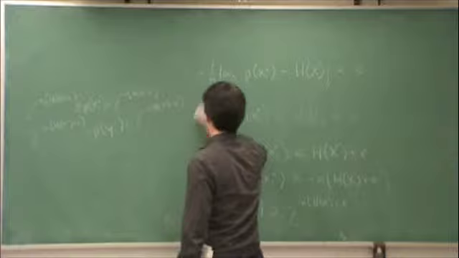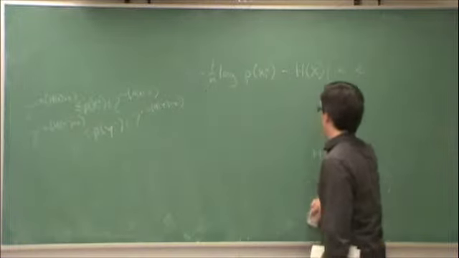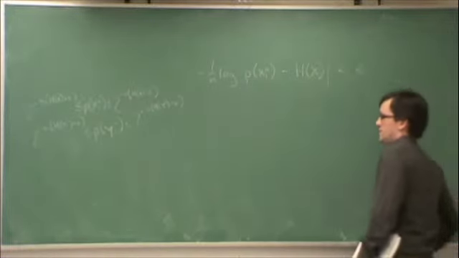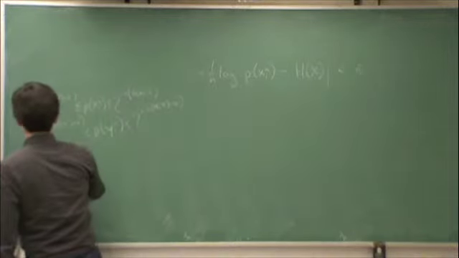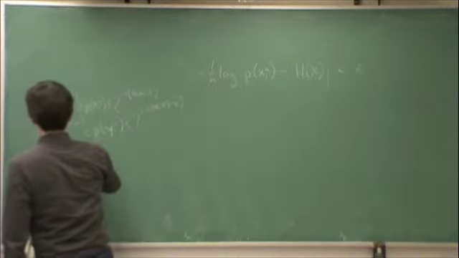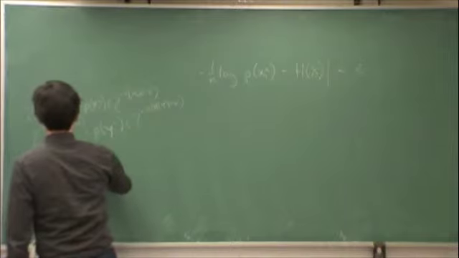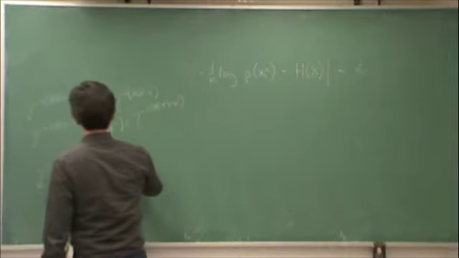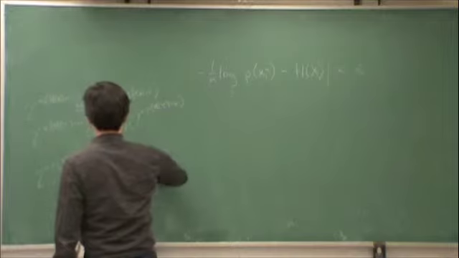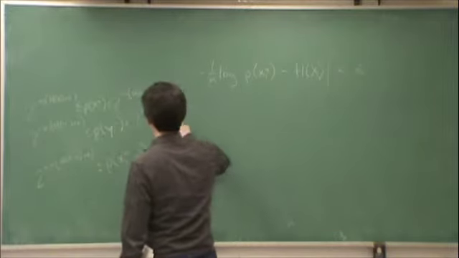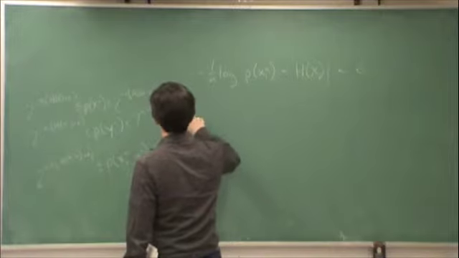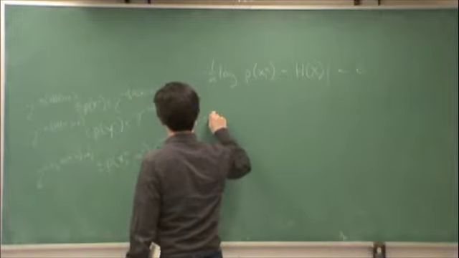And it doesn't really change anything if we go to joint probabilities and joint entropies. So therefore it must also be true that 2 to the minus n h of x and y plus epsilon less than or equal to probability x 1 to n and y 1 to n less than or equal to 2 to the minus n h of x and y minus epsilon.